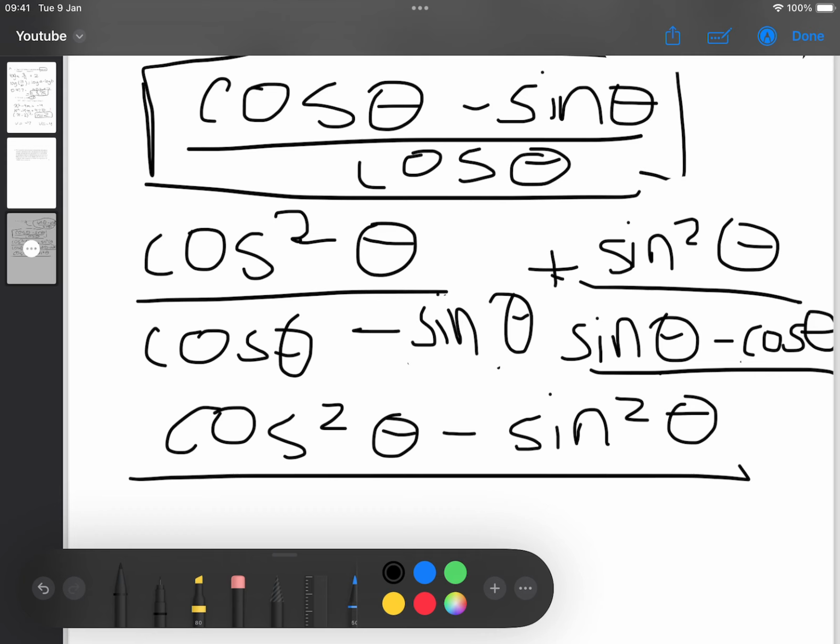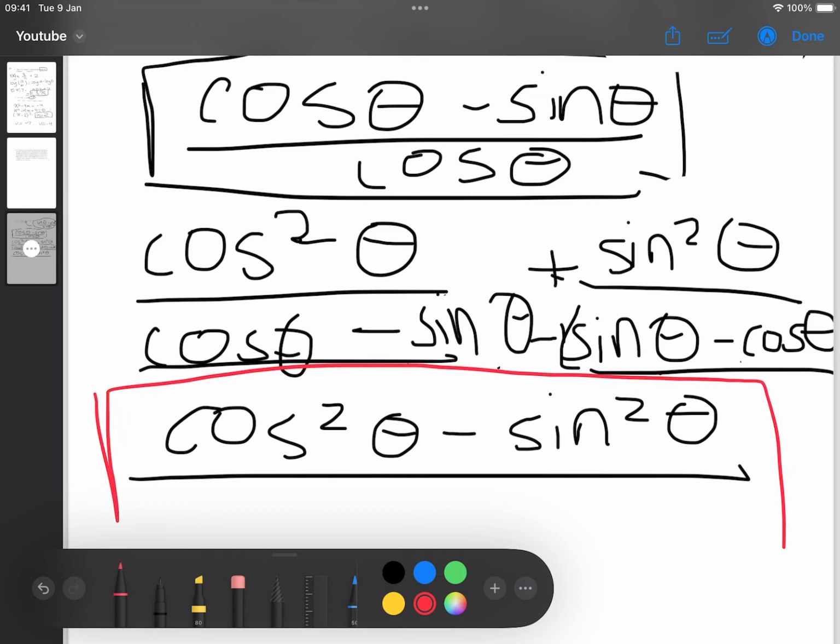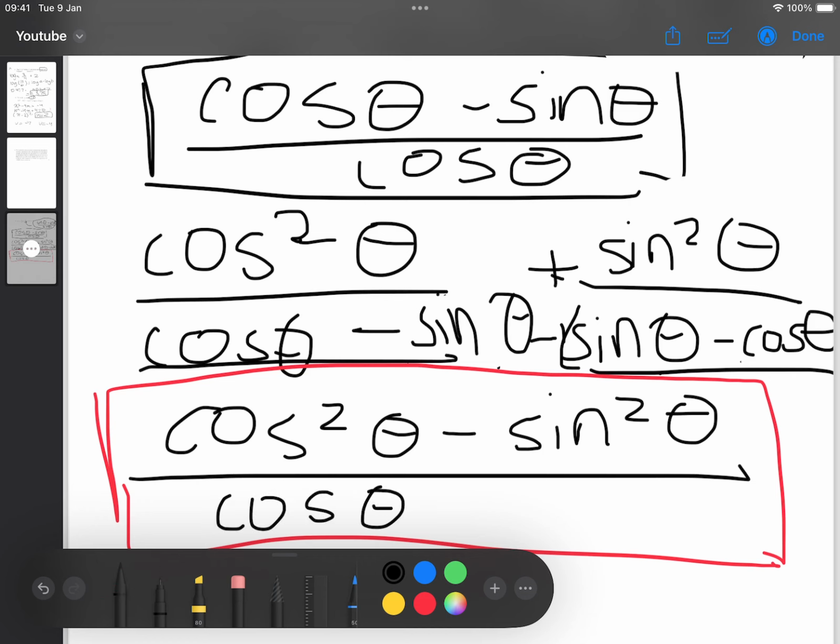So when you factor out a -1 from here, we get positive cos theta minus sine theta, which is essentially the denominator here. So the fraction here would just be cosine square theta minus sine square theta over cos theta minus sine theta.